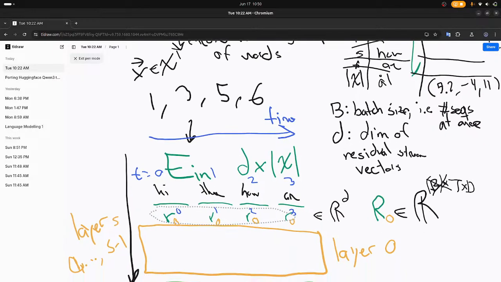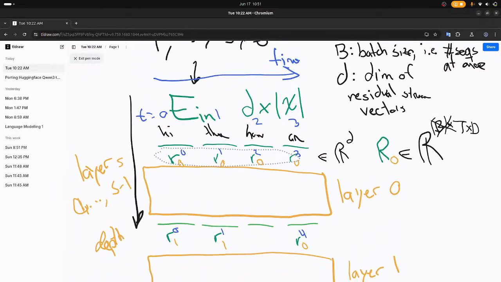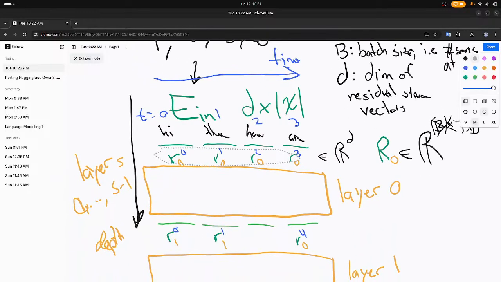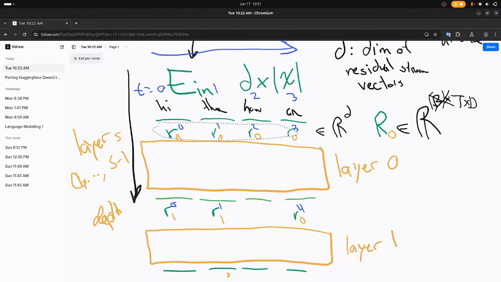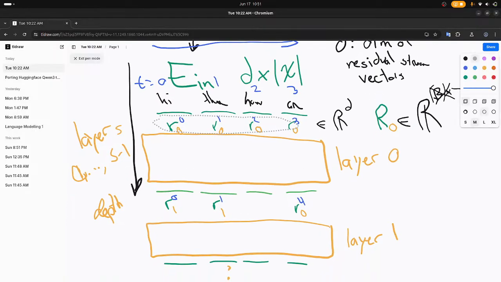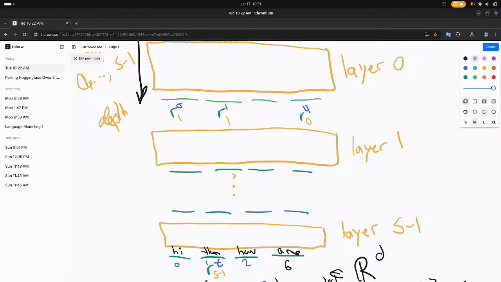And then we think that there are different depths of this residual stream where the vectors are being updated by different layers, transformer blocks at different depths, 0 to s-1. Therefore, when we are done with all this processing, we are down here, and for each of the "hi there, how are you", we have a residual stream vector that's called r, where t is the specific position in the sequence, and s-1 is the last layer.